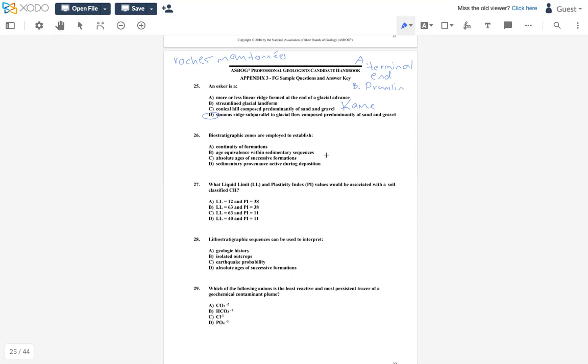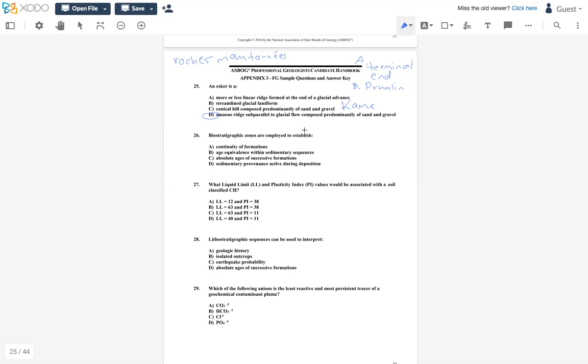So let's move on to 26. Biostratigraphic zones are employed to establish what? Biostratigraphy, I know that's a correlation method. And so I have to think, what is it based on? There's things like chronostratigraphy, biostratigraphy, lithostratigraphy.